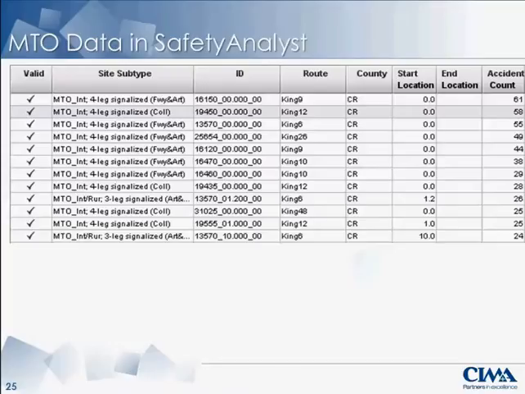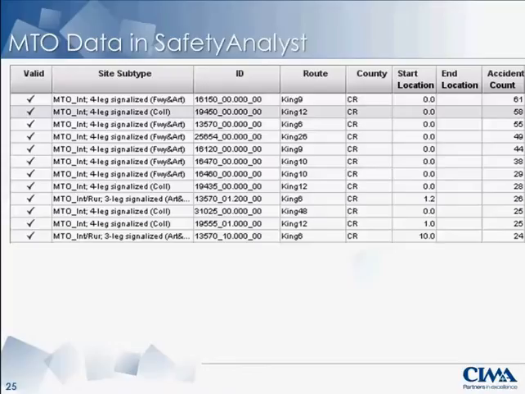They were categorized into different groups. For example, MTO: this means that this subtype is for MTO, intersection of four-leg signals, freeway in Ontario. So this is the site ID. It shows that this site belongs to this subtype.